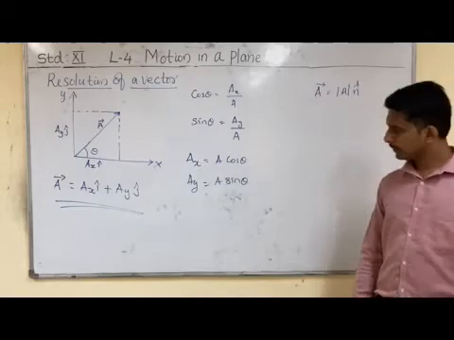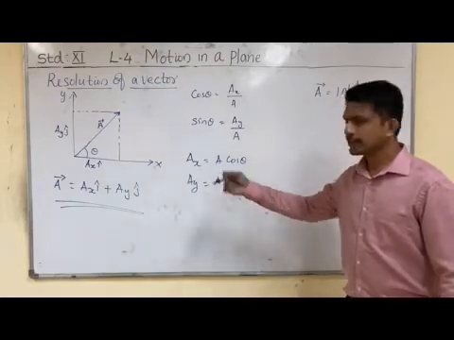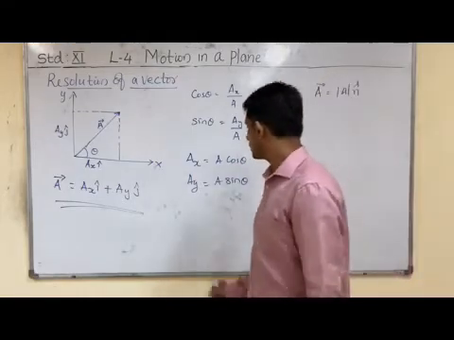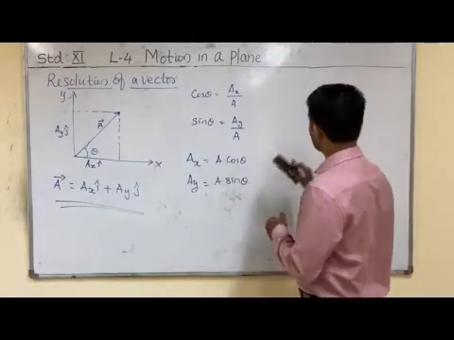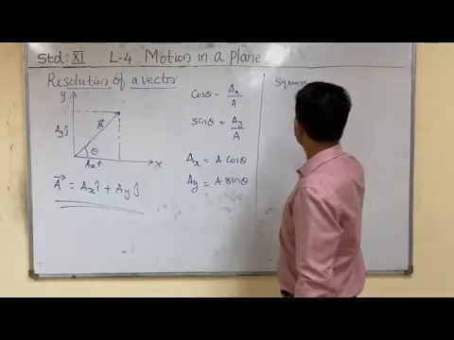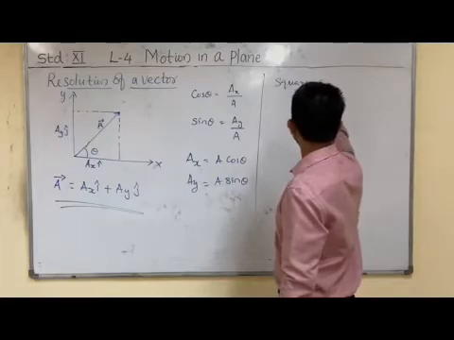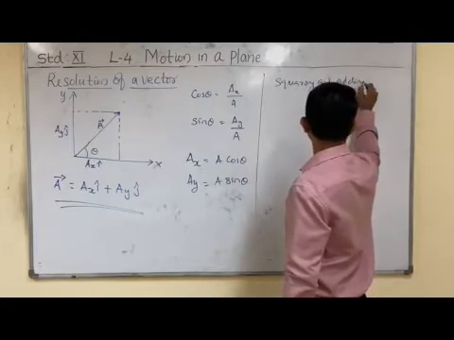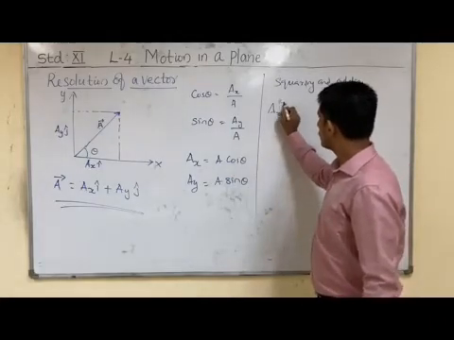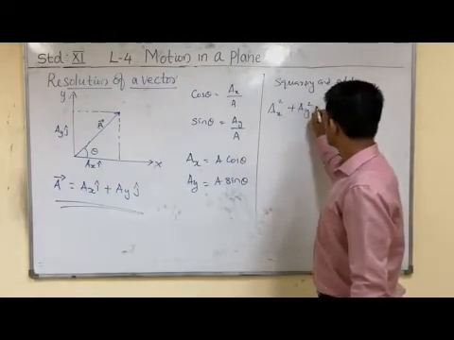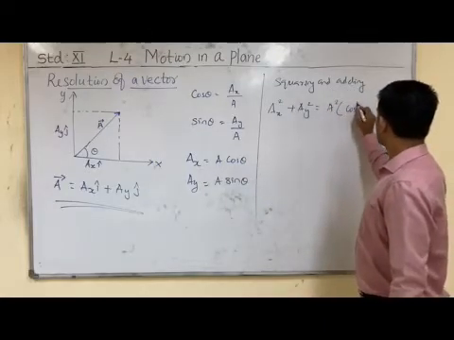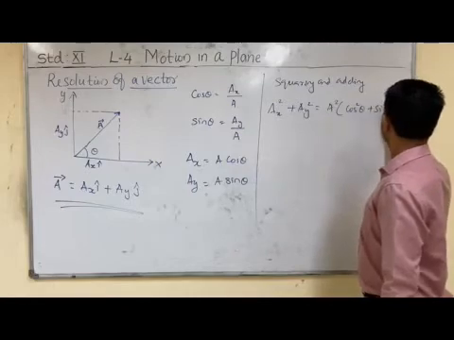Suppose we square and add these equations. Then AX square plus AY square is equal to A square into cos square theta plus sin square theta.